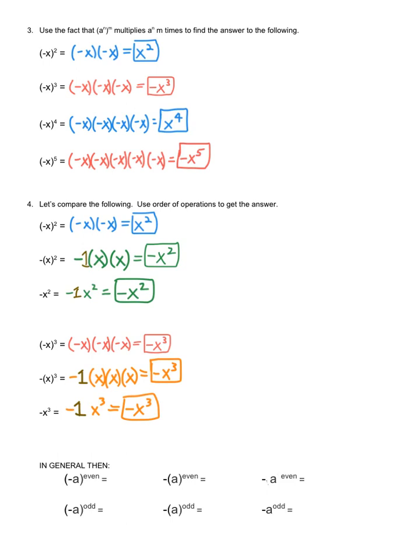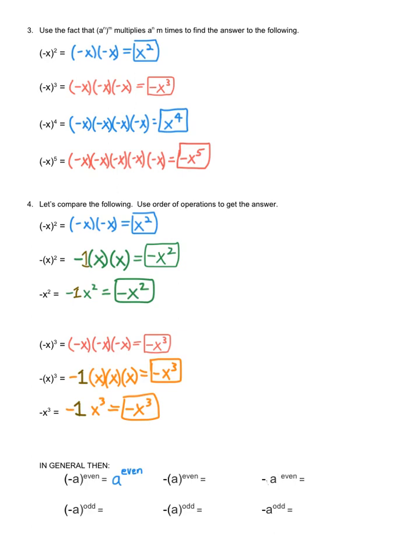Using our examples from number 3 and number 4, we should hopefully be able to generalize. When I had (negative a) to an even power, which looks like the first and third examples from number 3, that gave me a positive a to the even power.